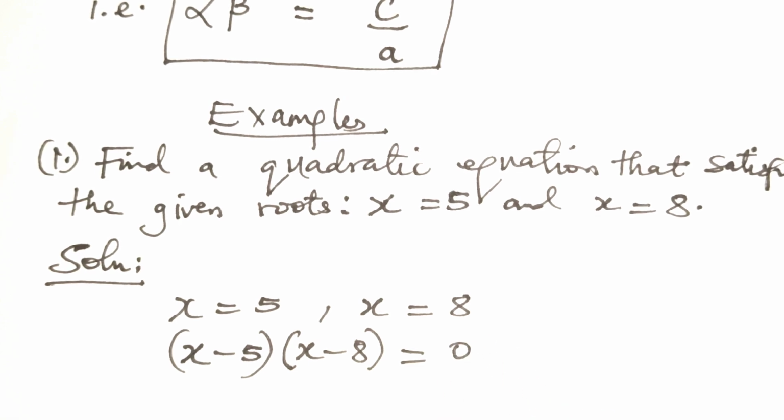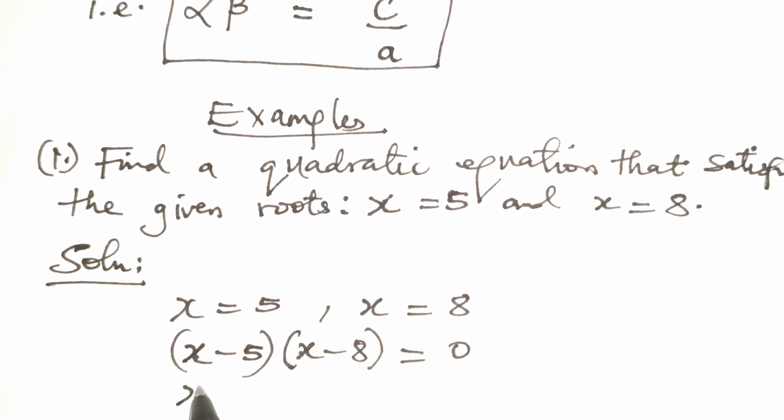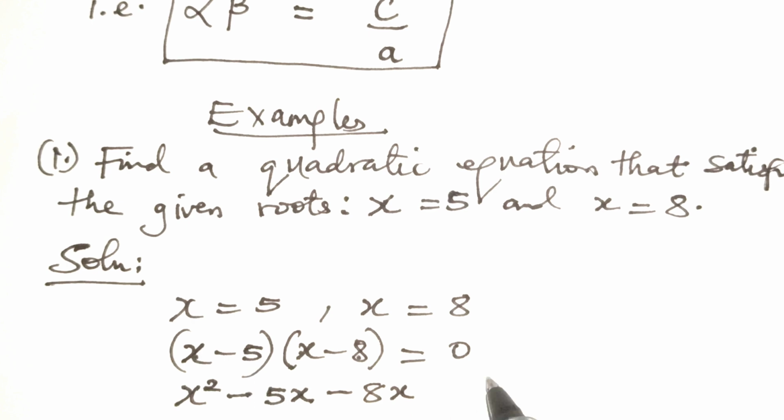So we can write x minus 5 multiplied by x minus 8 is equal to 0. If we multiply out, we will have x times x is x squared, x times minus 5 is minus 5x, minus 8 times x is minus 8x, minus 8 times minus 5 is plus 40, equal to 0.